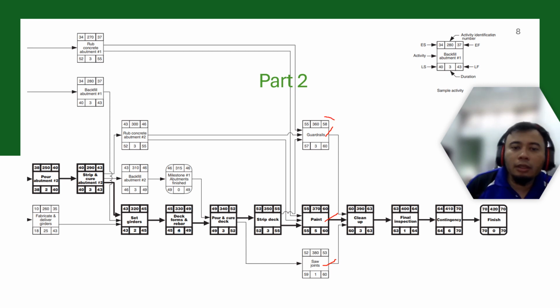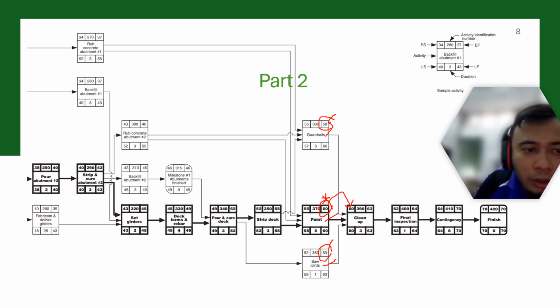The latest among these three activities is day 60. So day 60, the earliest finish for activity 370, becomes the earliest start for activity 390, despite you having day 58 and day 53.